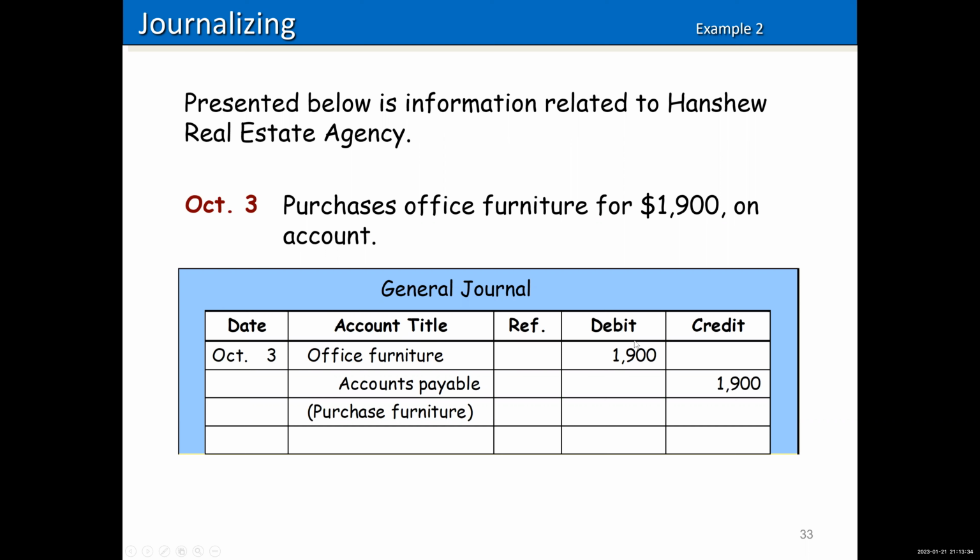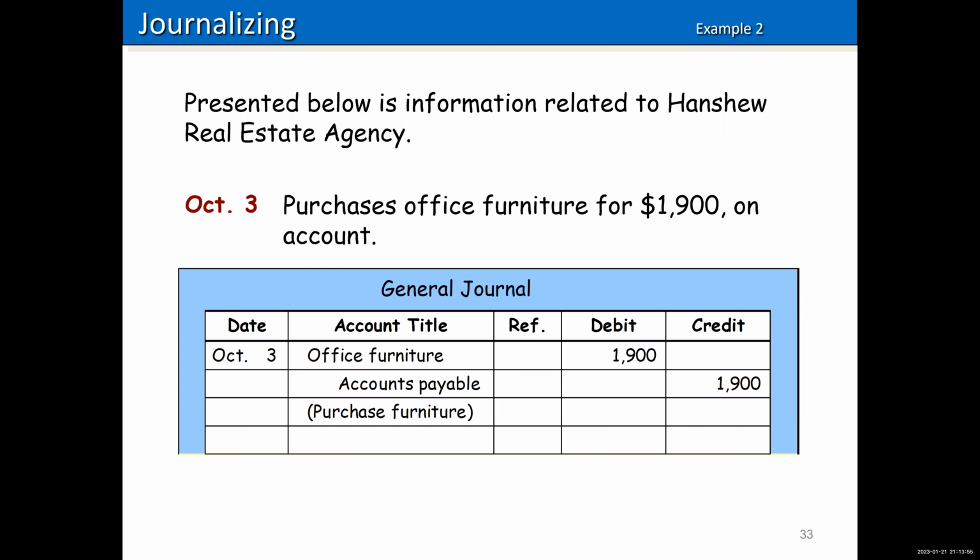When you see the words on account, you think, I'll pay you later, right? So when you see the words on account, it's going to affect accounts payable or accounts receivable.